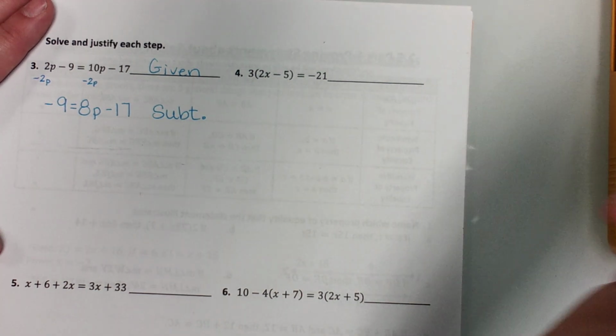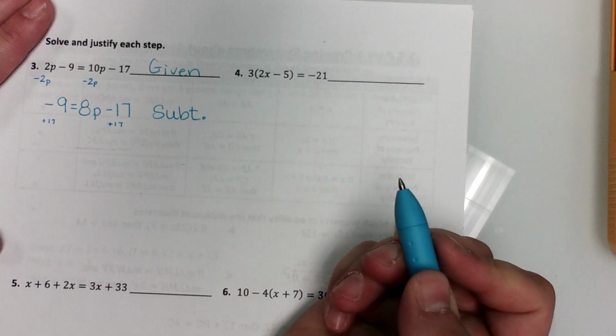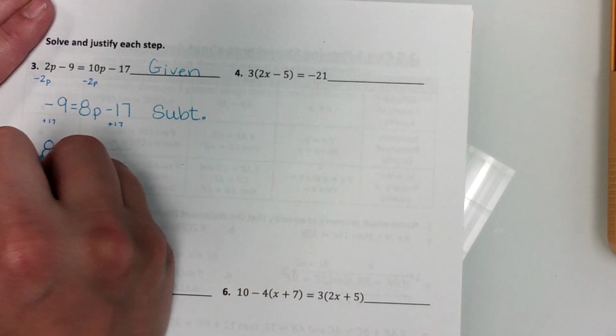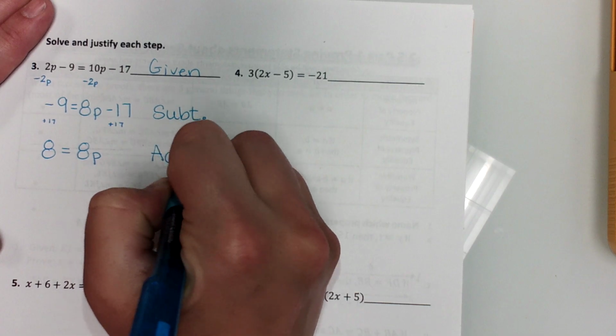Add 17. You got it. Negative 9 plus 17 happens to be 8. 8 equals 8p. We were adding, so add.